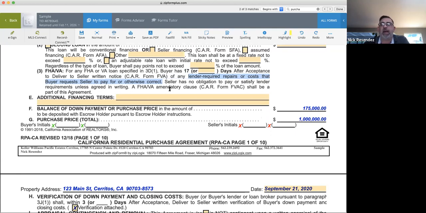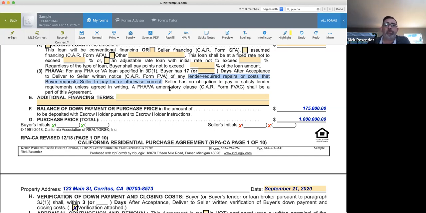VA requires termite. FHA and VA appraisals may have work recommendations. So basically, if it is FHA or VA, the buyer has 17 days to inform the seller of any of these work requirements and make a request. The seller is not obligated to complete any of these things, okay?